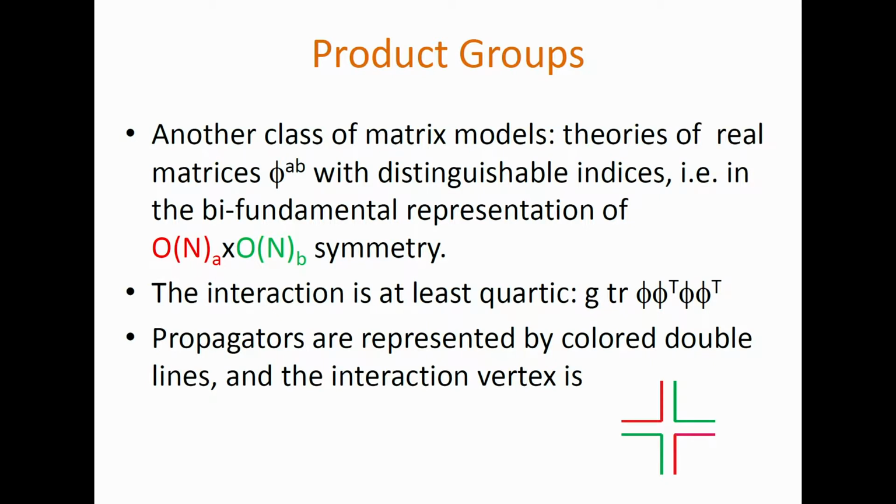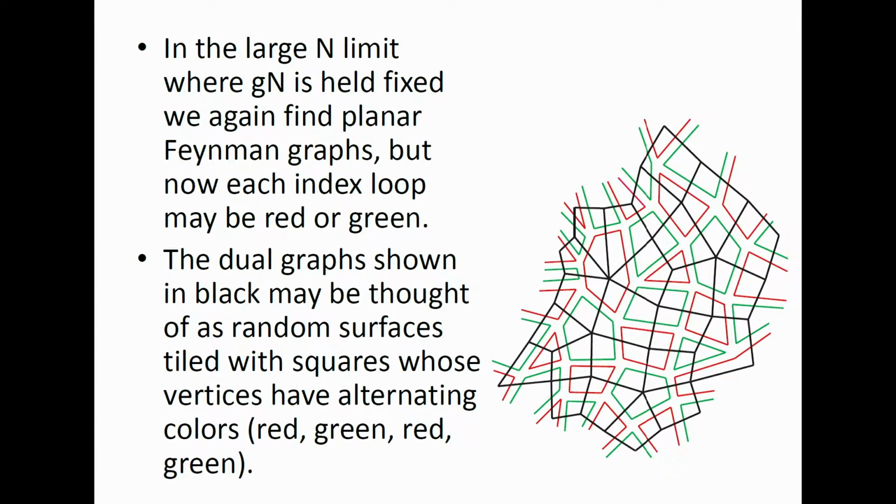And then there are only planar graphs surviving in the large N limit. So let me just show you a chunk of a planar graph. If I keep this G N fixed, then the graphs are going to look like this. And you see that there are alternating loops, like there will be green loops, and then there will be red loops, so they alternate.